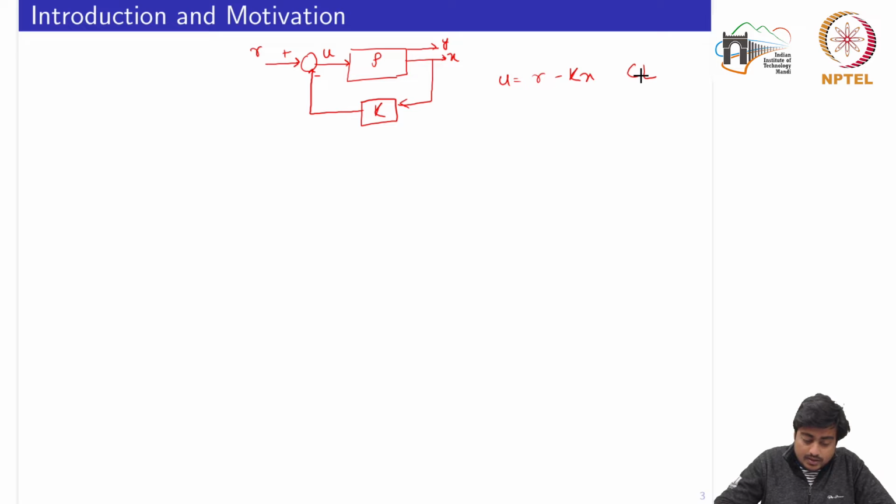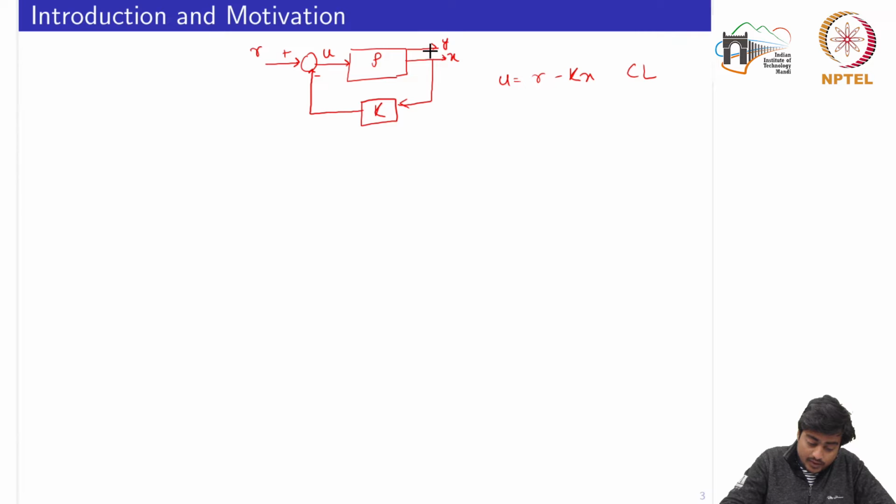So in this controller design or the state feedback mechanism, we see that in the control law we need the information about the state variable. Now we had said a number of times that this state variable is an internal variable, and many times it might be possible that this X might not be directly available.